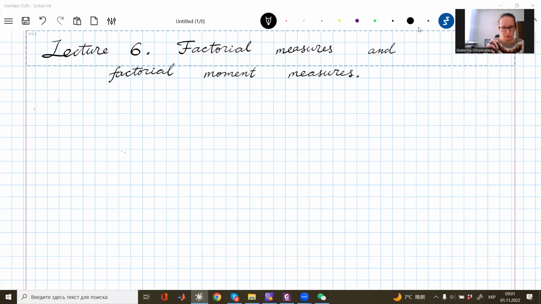So today we continue to work with point processes, and we will study a very important notion of factorial measures and factorial moment measures of a point process.